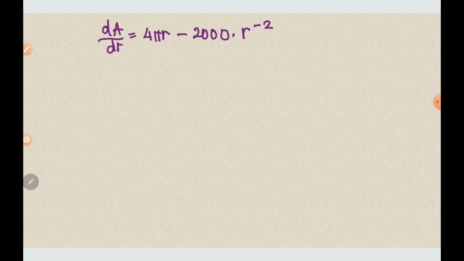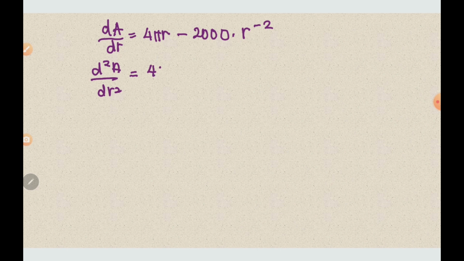Now we will do the second derivative, d squared A over dr squared, but I want to write first dA/dr is equal to 4 pi r minus 2000 multiplied by r to the power of negative 2. Okay, therefore we differentiate for the second time. d squared A/dr squared is equal to 4 pi, since 4 pi is a constant.